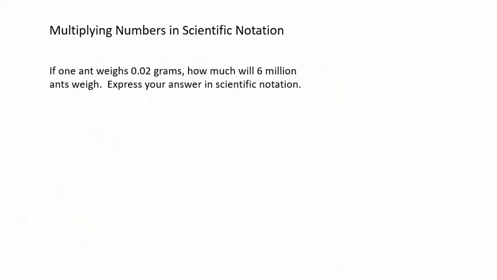All right, let's go back to our problem and write our numbers out. So we know that each ant weighs 2 times 10 to the negative 2 grams. And we have 6 times 10 to the 6th ants. So we are going to multiply these two numbers together to get the total weight of all the ants.